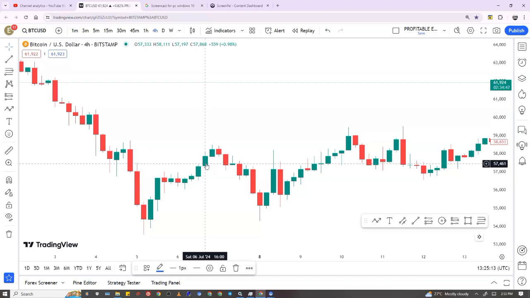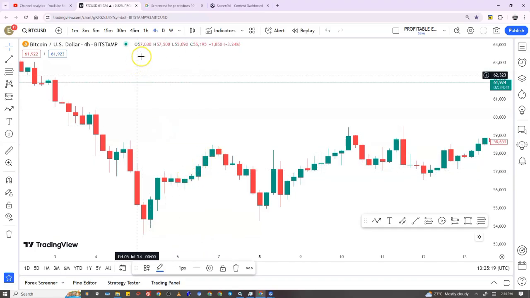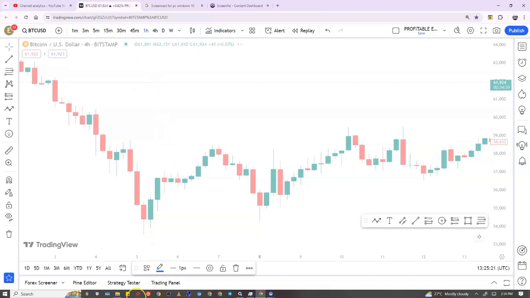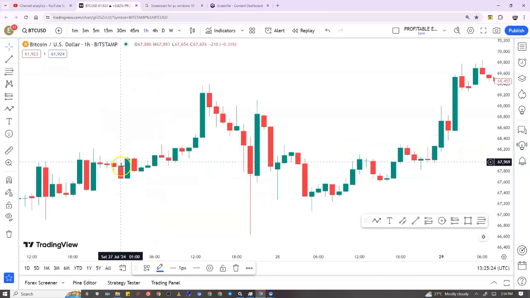If you put it on a 4 hour time frame, each candle automatically means each candle forms for 4 hours. This was 12 o'clock and this was 16 o'clock, so it was 12, 1, 2, 3, 4. So this was 4 o'clock. Likewise, this was around 8 o'clock. So each candle represents 4 hours.